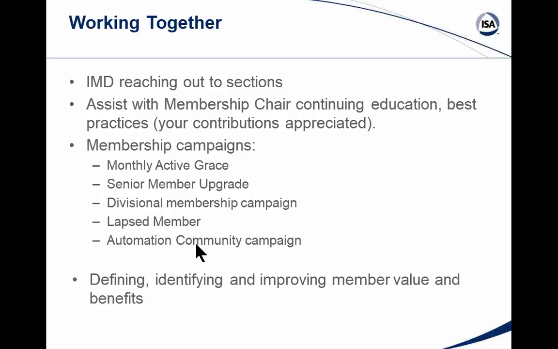They're essentially non-members. But what we're going to try to do is find some way to encourage them to become members in certain section activities, getting to know and networking with the folks in the area, and the technical topics themselves are one way to encourage them to become members, besides all the other value, all the other standards, and all the other products and services that ISA has.